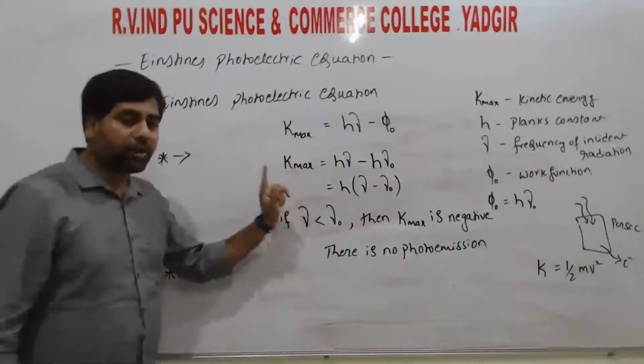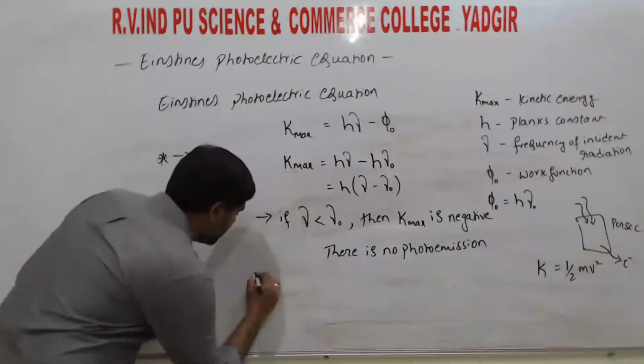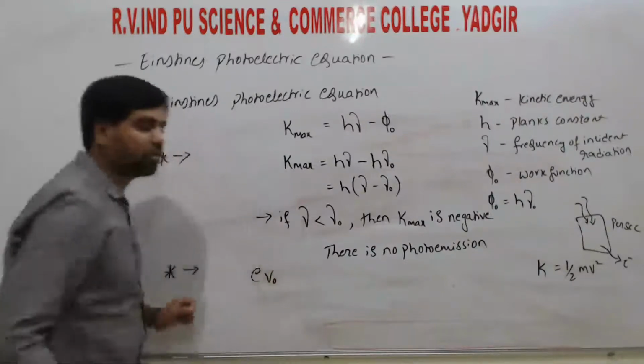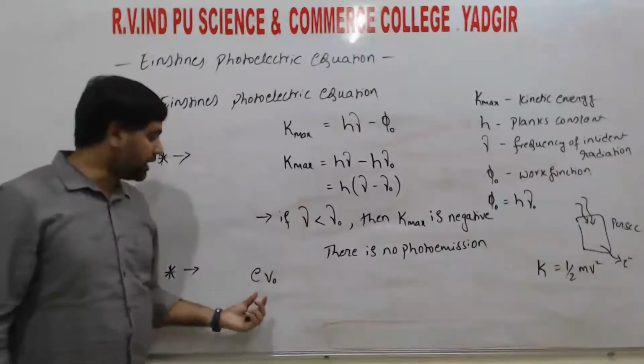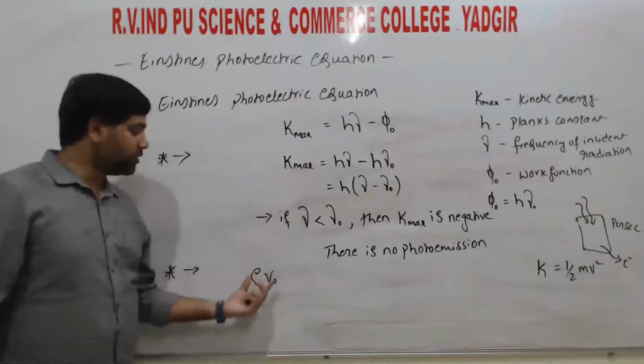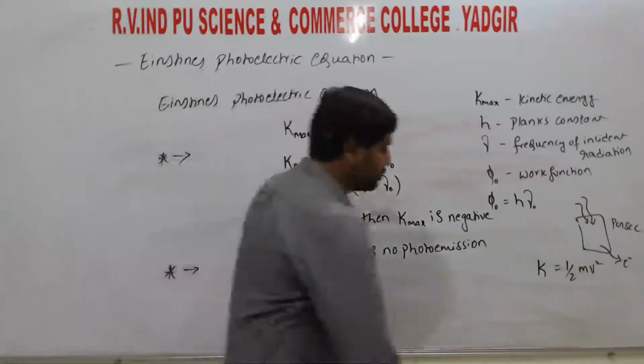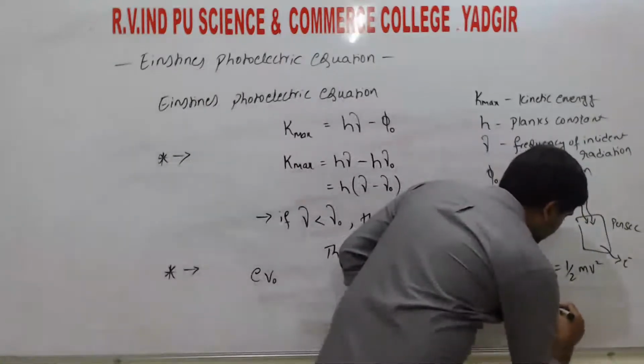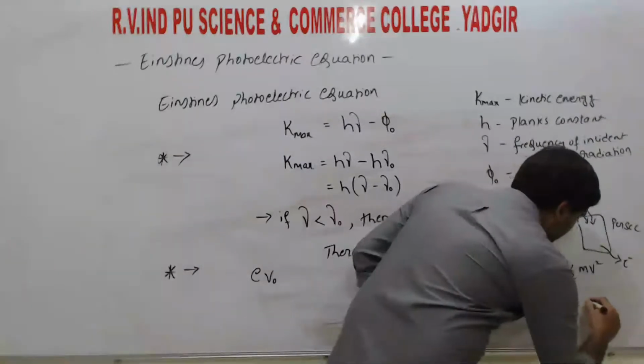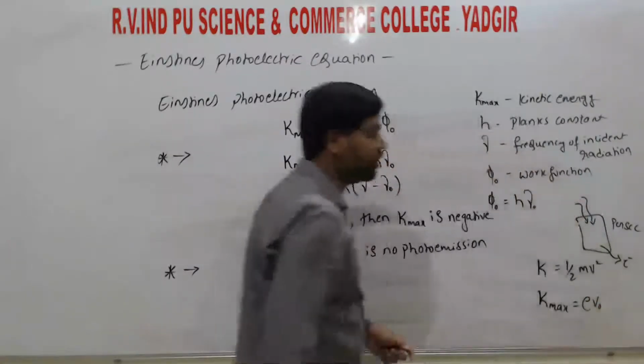So this kinetic energy can be written as e V naught. So in the experimental study, we discussed K maximum is equal to e V naught.